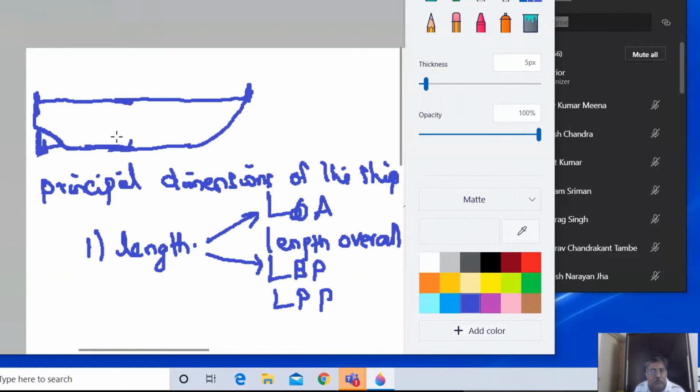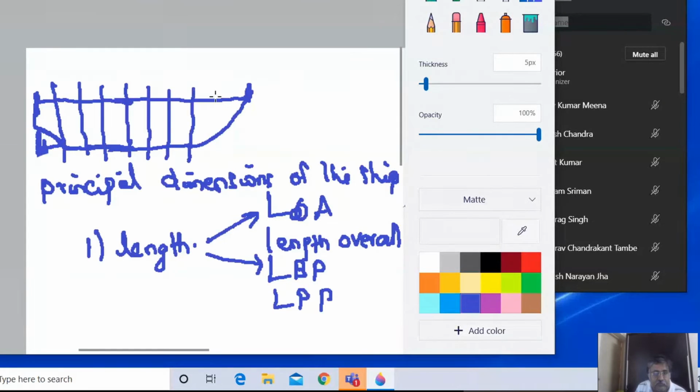What we do is we can divide this whole ship like this. If I have a ship like this, I am going to divide it like this. So these lines, or these planes, in fact, these lines are known as stations.